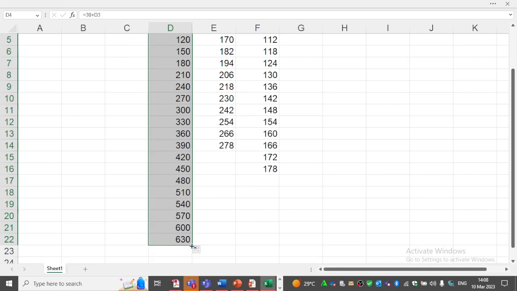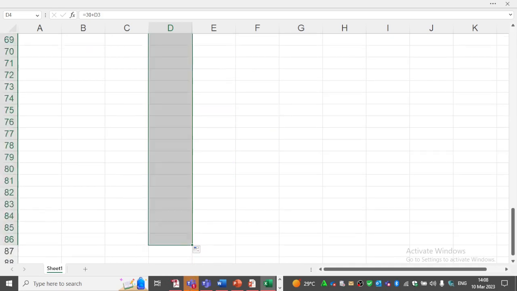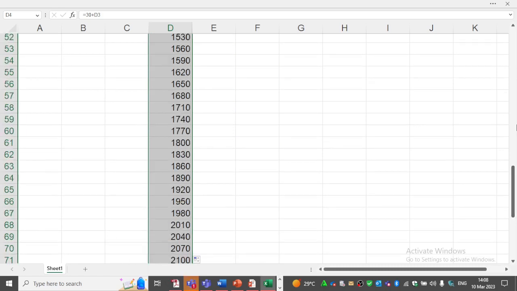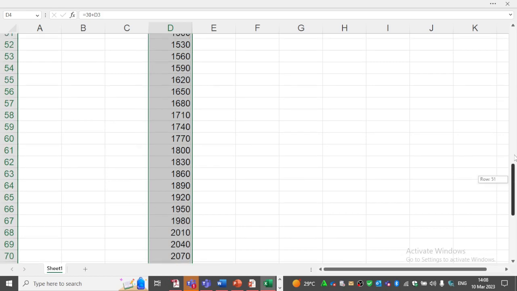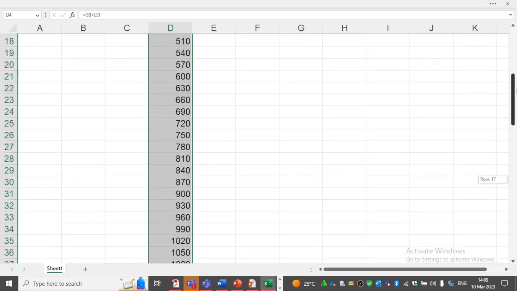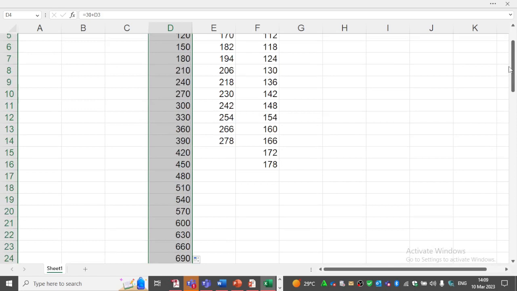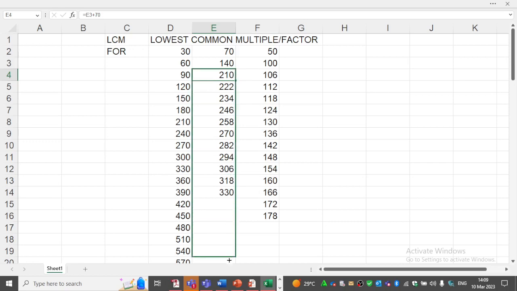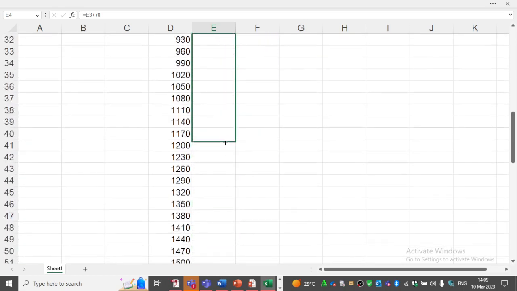This will actually be a very long calculation for you to be able to reach 1050. So that other method becomes much simpler when you're working with smaller numbers. And then for 70, we're just going to drag this down and add 70 until we find a common number.